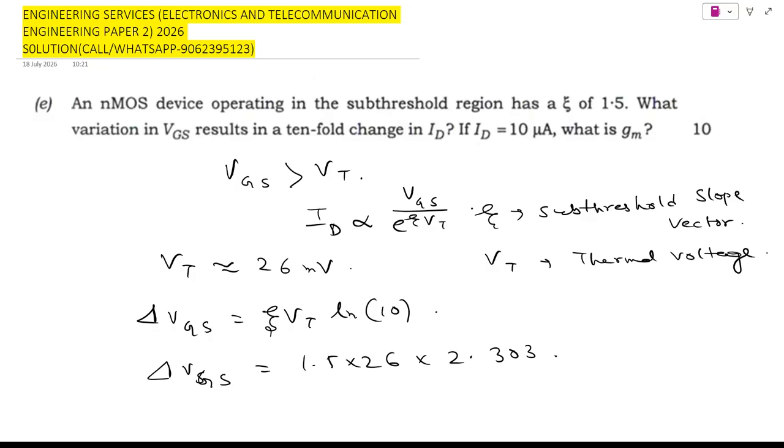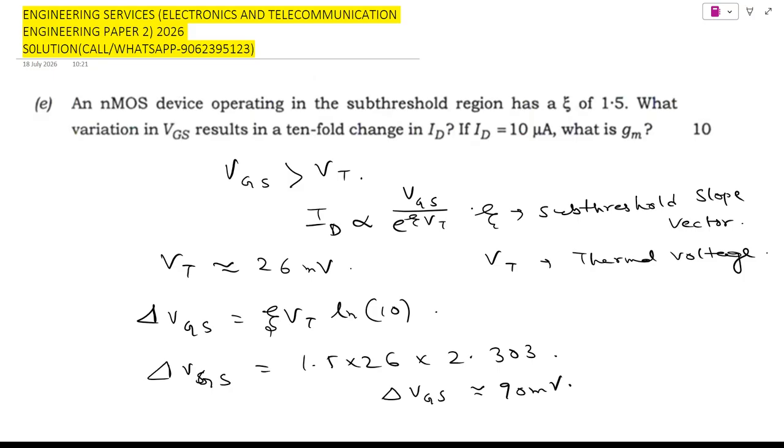So basically this will be near about. Now here is one of the most famous numbers in VLSI. At room temperature, a perfect MOSFET would require only 60 mV to increase the current by 10 times. This is called the sub-threshold swing.